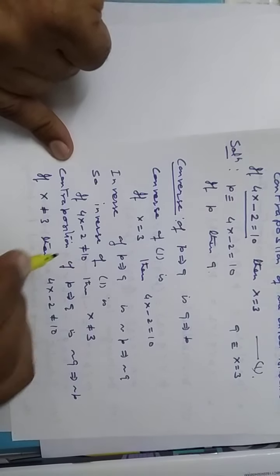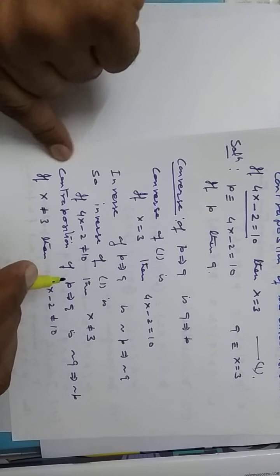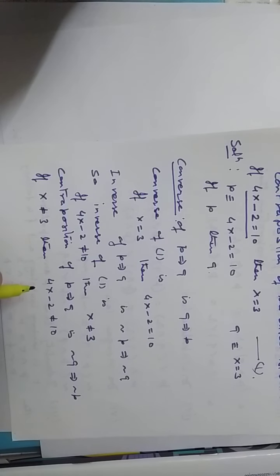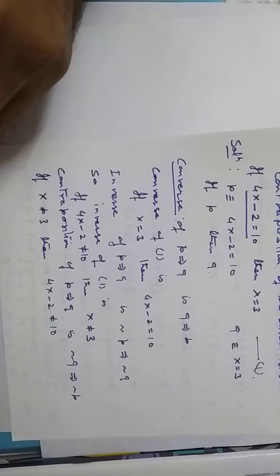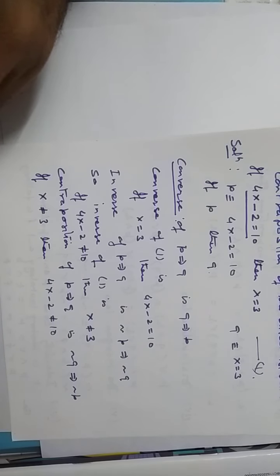In such a way, we can construct the converse, inverse and contraposition of direct implication statements. Okay, next example.